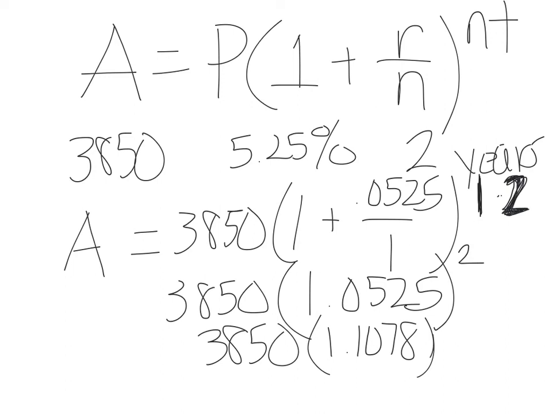All right, now I can do the final multiplication. 1.1078 times 3850. And that final number, and I hope it's the right answer, let's see, 4265.03. See if that's what the book says. 4264.86.